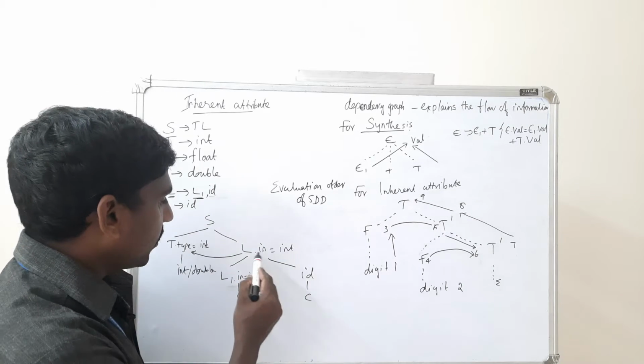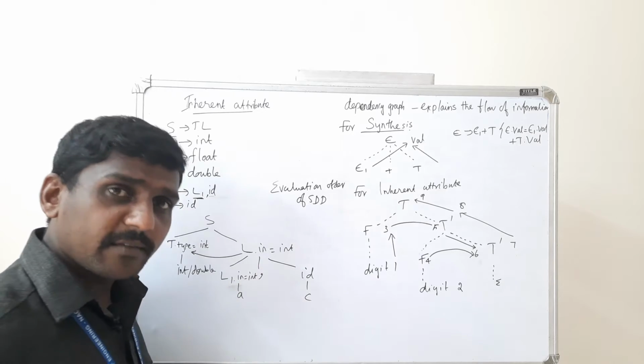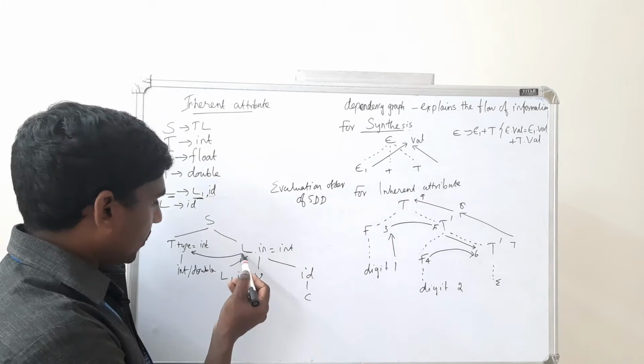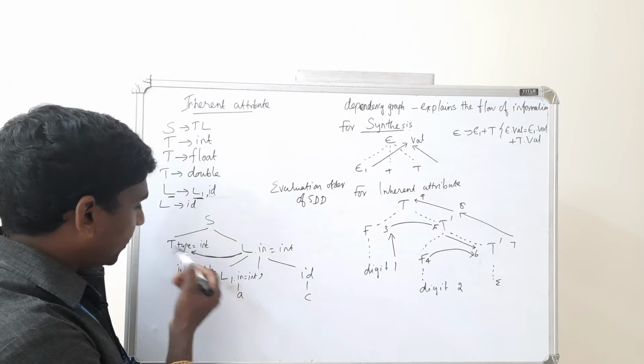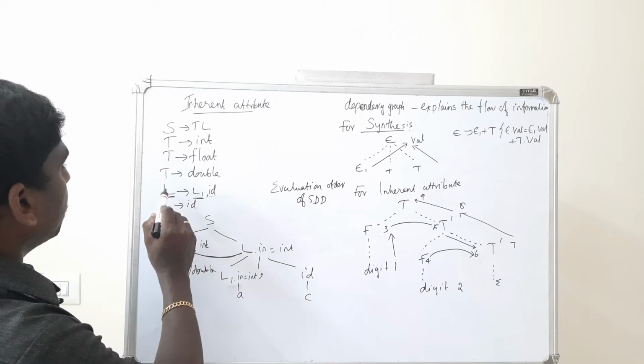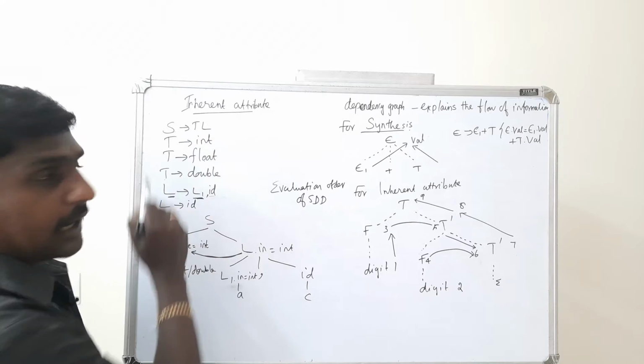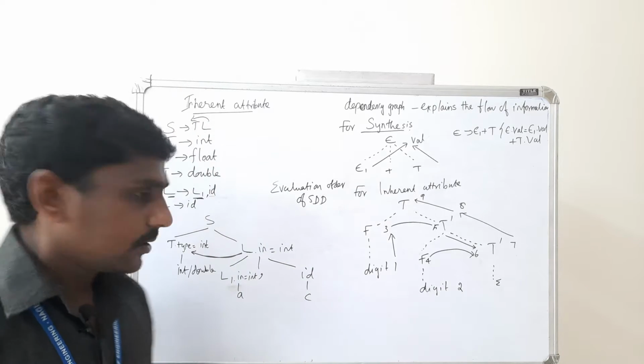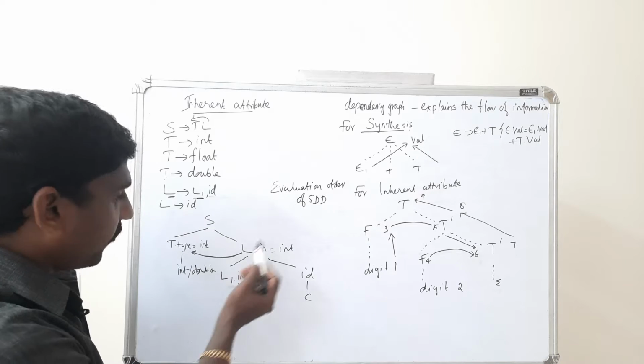We cannot know what type this L is, so it takes the value from its T. That is what I wrote as S tends to TL. This L depends on its siblings.